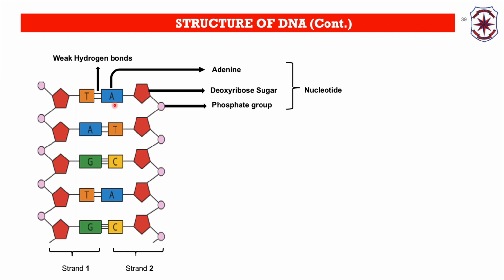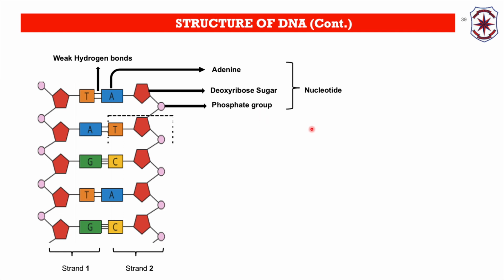So, because this nitrogenous base is labeled as A, if they say label this, you need to say it is adenine. And because we are studying the DNA molecule, you need to specify that the sugar is deoxyribose. And the phosphate group would be the remaining one.